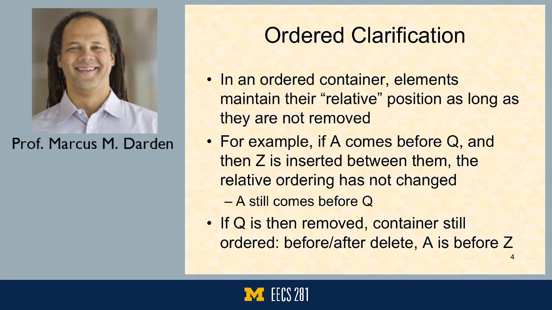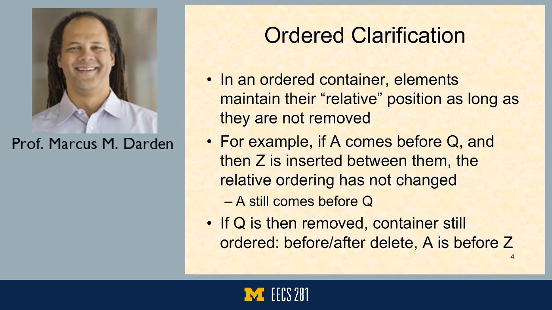So to clarify here, in an ordered container, elements will maintain their relative position as long as they are not removed. So if A comes before Q and then Z is inserted between them, remember this isn't sorted, it's fine to do that. If A comes before Q and then I put Z in between them, A still is before Q. So the relative order of A and Q has not changed even though we've inserted Z. If Q is removed, the container's still ordered if A is before Z, right?